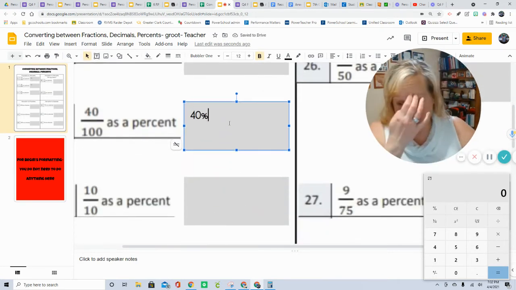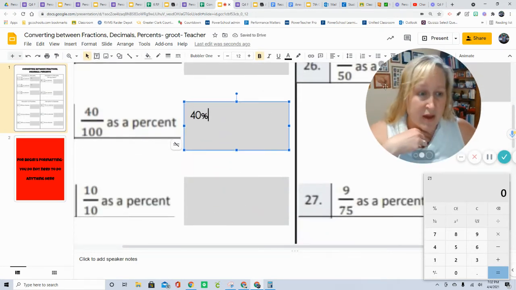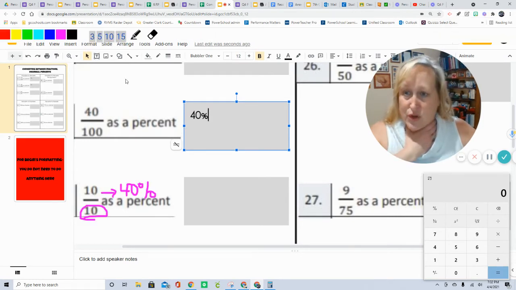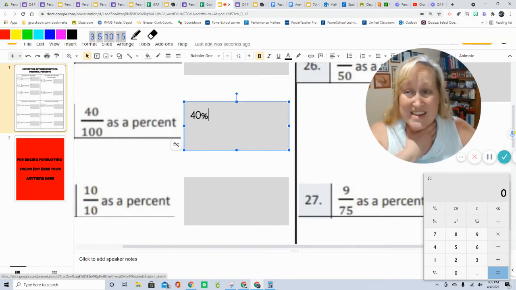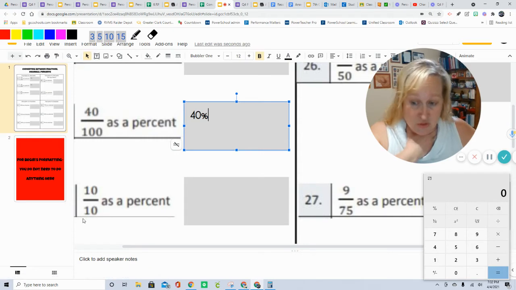This one right here is a little bit more difficult. So we have to think about it because you'll notice that that bottom number is not 100. Since this is not 100, I have to figure out what times that number will give me 100. And in this case, 10 times 10.